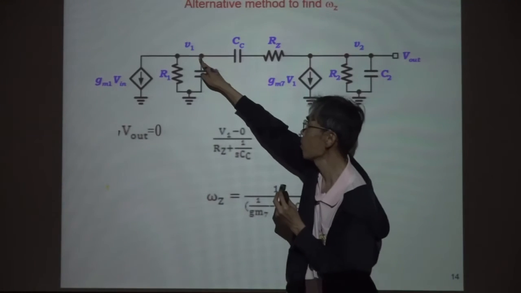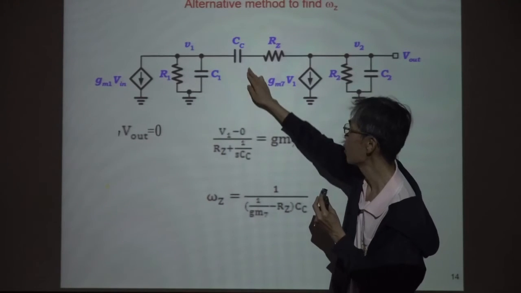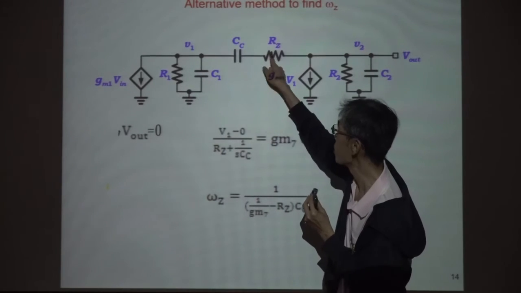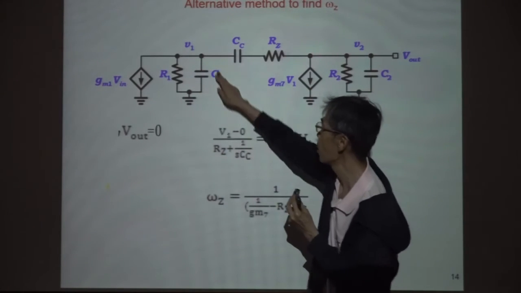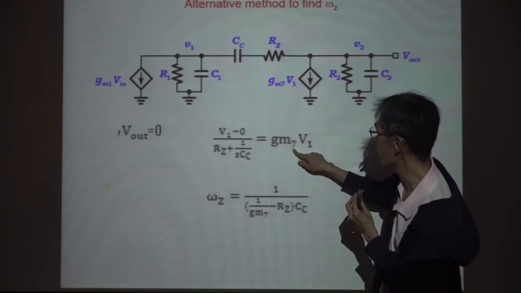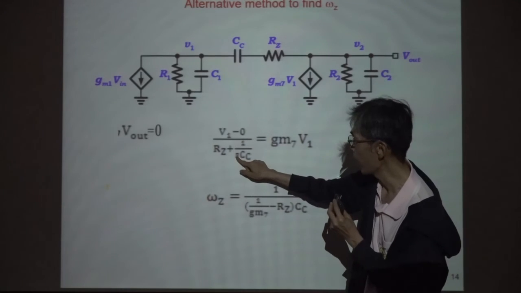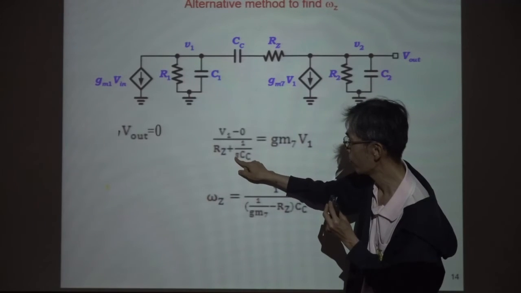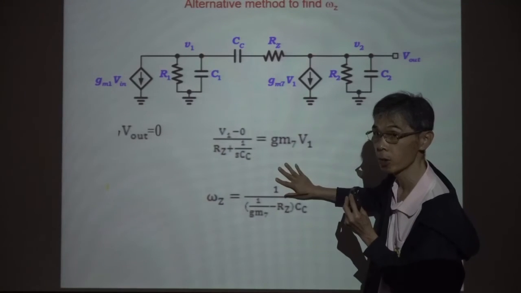So V1, the node voltage, divided by the impedance RZ plus the impedance of this one, is the current that goes through this way and must go out. So this current is gm7 V1. Using this equation, you can calculate s equal to omega Z, so we can calculate omega Z using this small signal model.